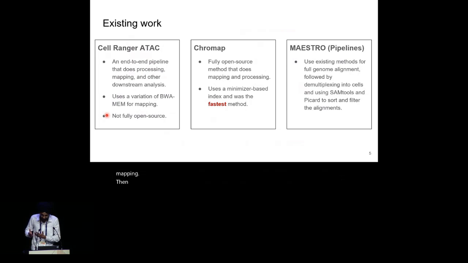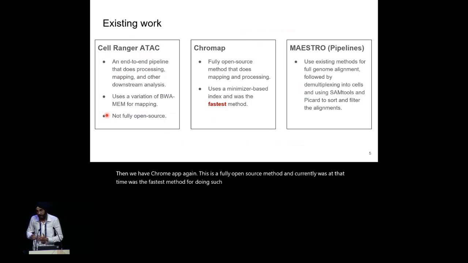Then we have Chromap, a fully open source method, which at that time was the fastest method for doing such analysis. In the third category, we have pipelines such as Maestro, which stitch together different tools for each of these individual steps, such as STAR or Minimap2 for mapping, and then SAMtools or Picard to sort and filter the alignments.